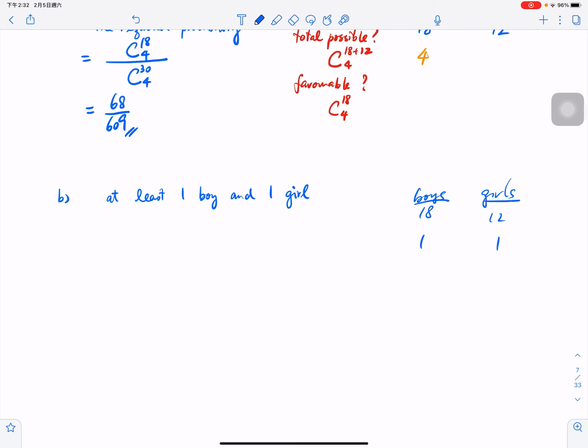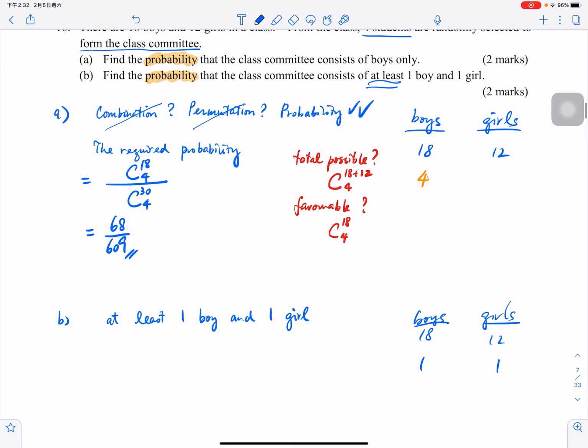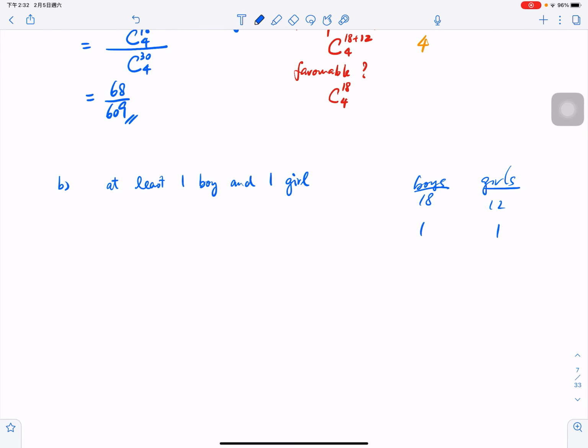Maybe you say that at least one boy and one girl, then what are the left? You still have 2 need to choose, right? You need to choose 2, either boys, either girls. So any case that you can think? Yeah, correct.